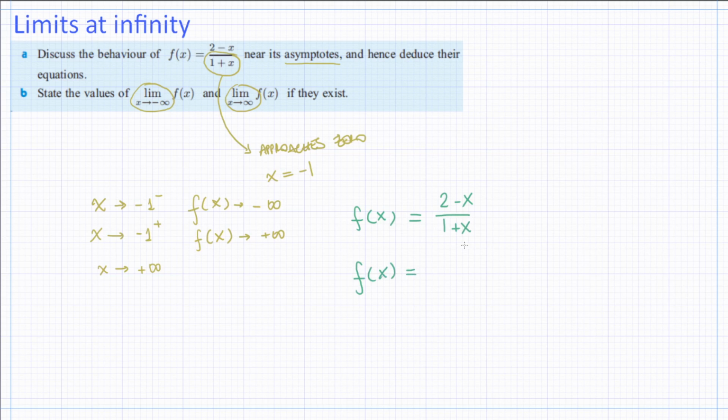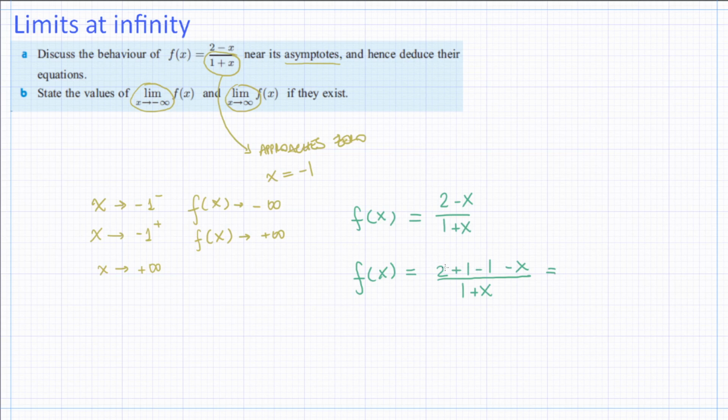Let's say that I want to have 1 plus x here on top as well. So couldn't I add and subtract 1? So I've added and I've subtracted 1 on top. And it shouldn't change anything, right? 2 plus 1 minus x is the same thing as 2 minus x. Now, what if I want to split this into two fractions?